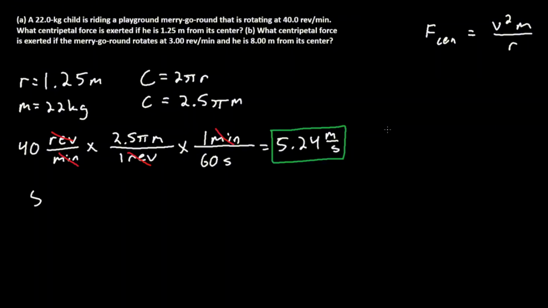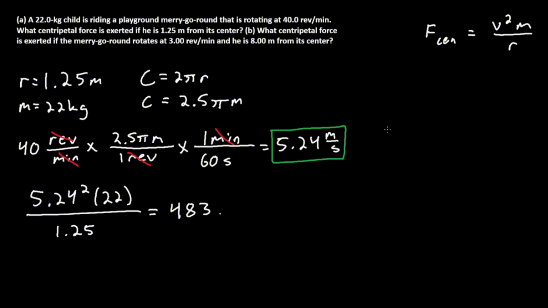We can multiply velocity, 5.24 squared, times mass, 22 kilos, over 1.25 meters as the radius. And your centripetal force should be equal to approximately 483.25 newtons.